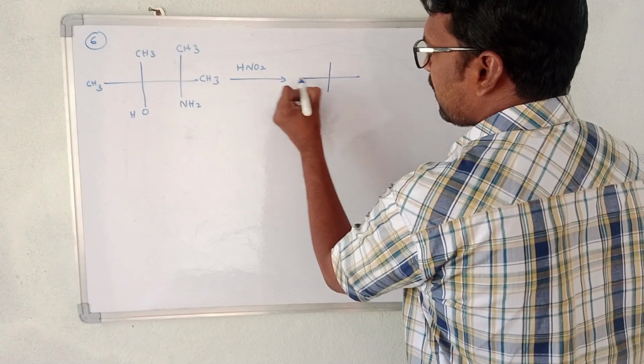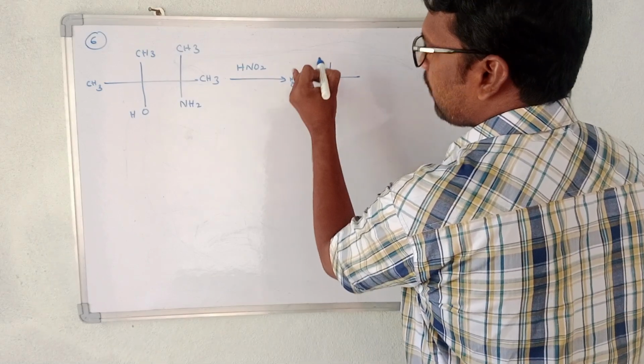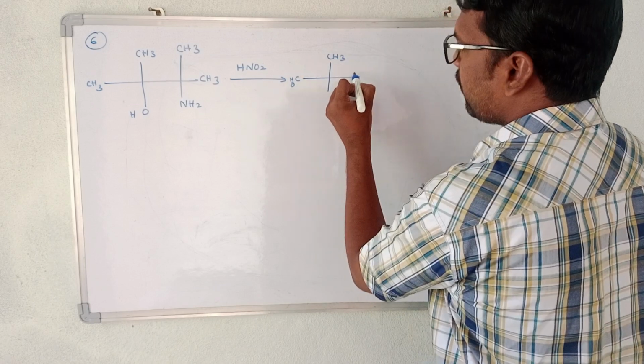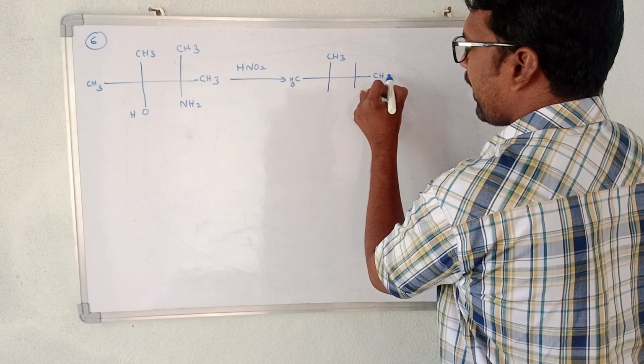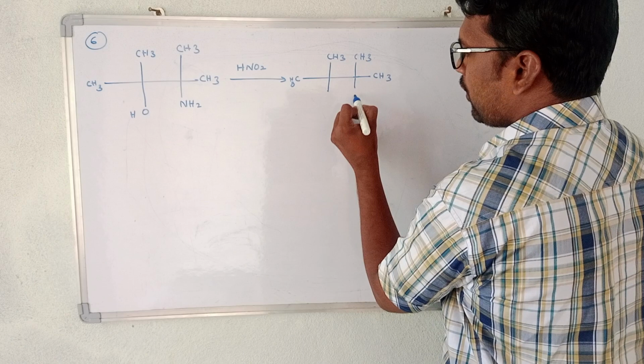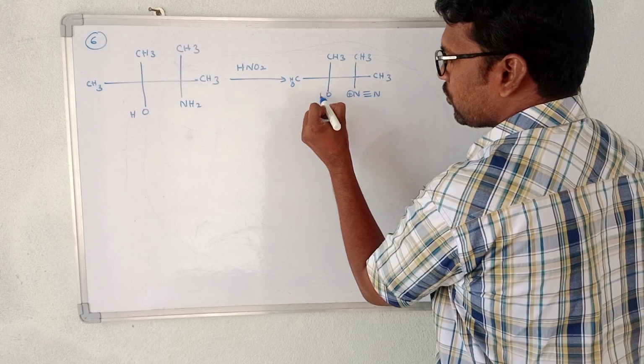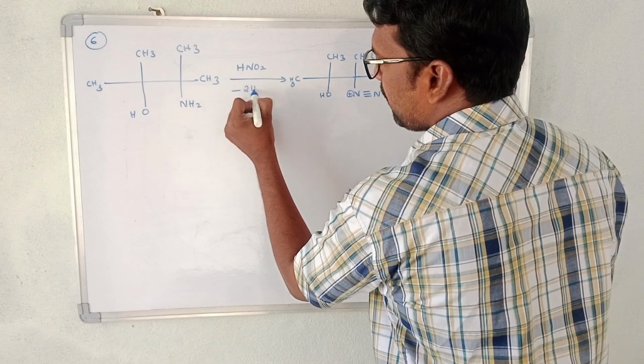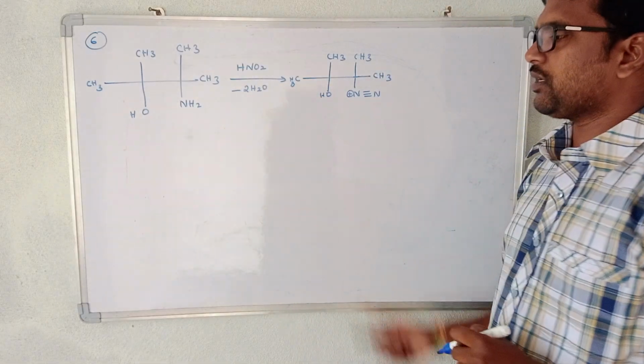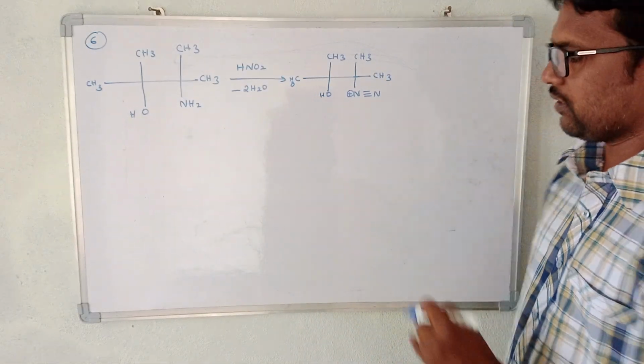On the diazotization reaction, that NH2 can be converted into N2, a diazonium. It is present like this: N triple bond N, and the nitrogen contains a positive charge. It takes place by the elimination of water. By the elimination of water, diazonium formation takes place.